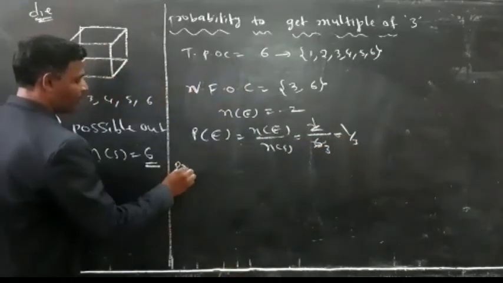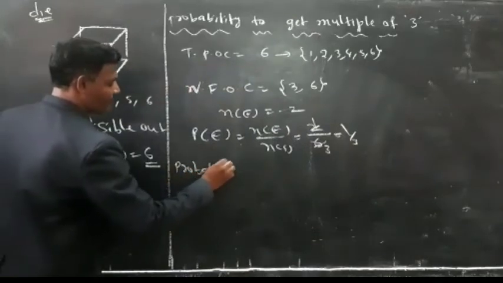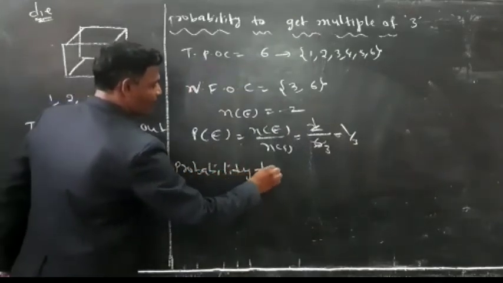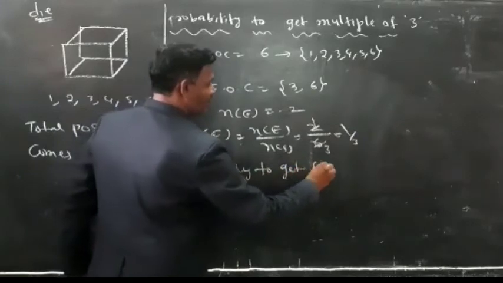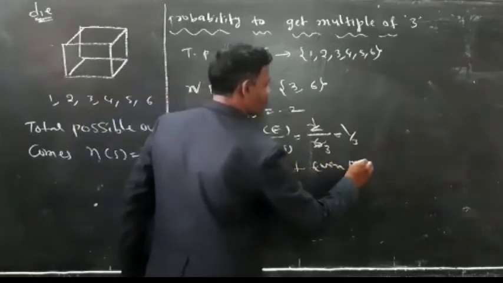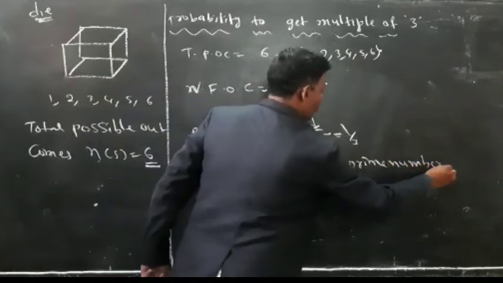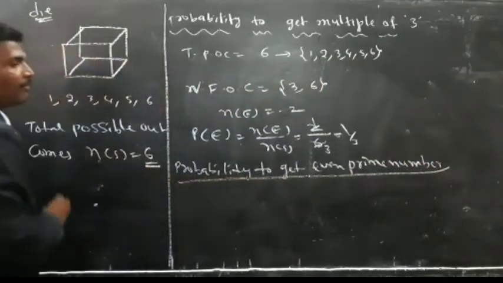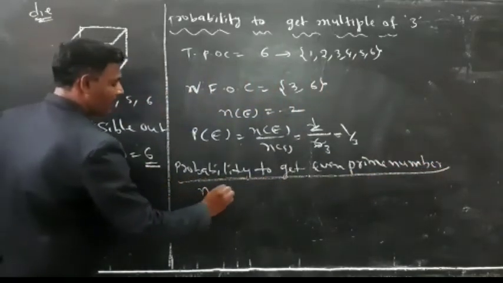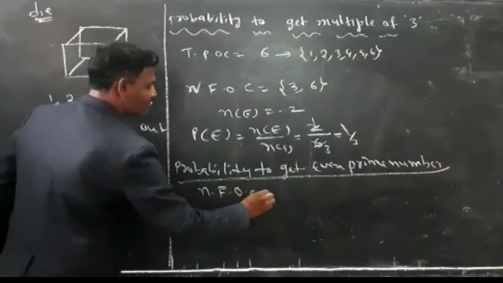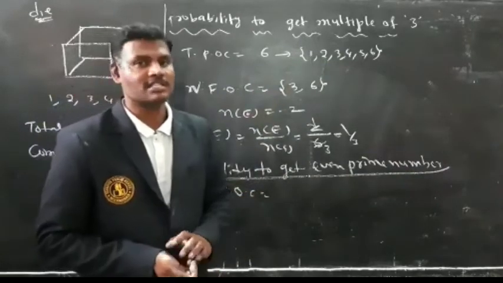Next question: probability to get an even prime number. Number of favorable outcomes. So we have 6 chances.